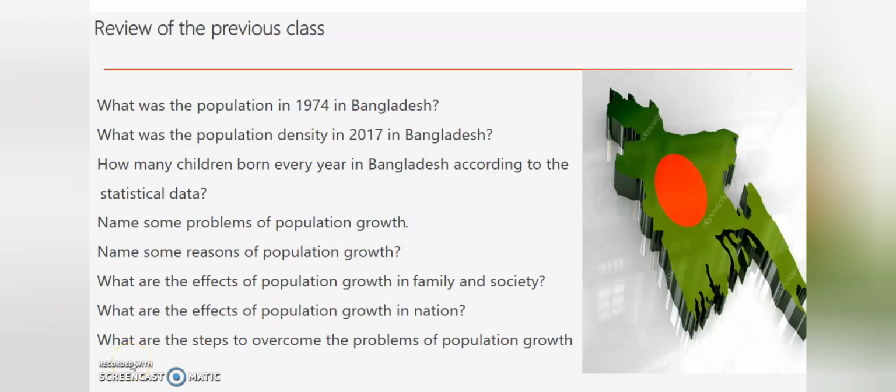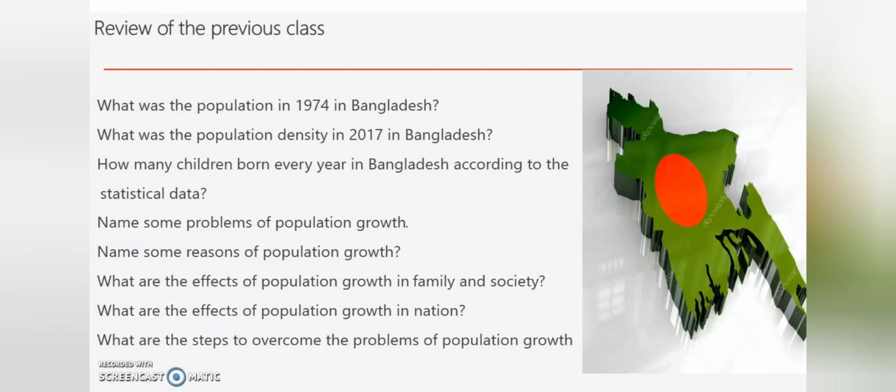The population in 1974 in Bangladesh was 7.64 crore. Now, tell me, what was the population density in 2017 in Bangladesh?